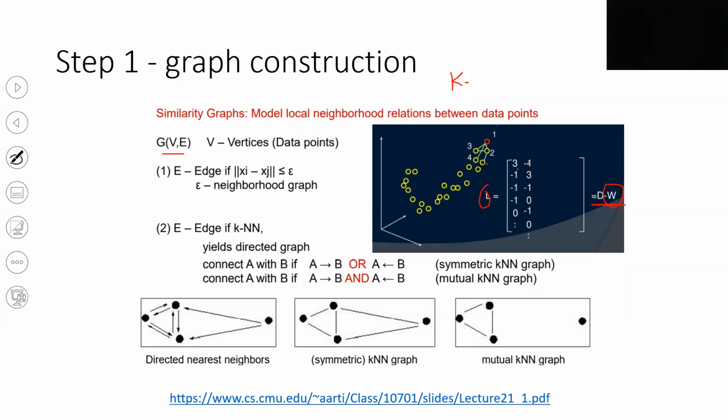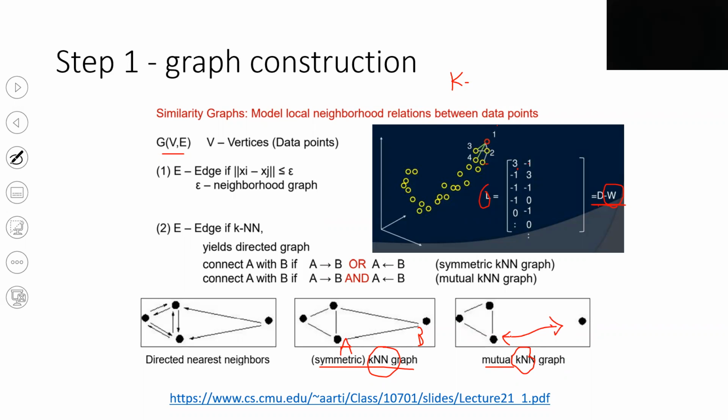Okay, when we have KNN, normally we consider symmetric KNN. So if A connects with B, or B is connected with A, you put a link between them. Whereas if you use mutual KNN, then A and B have to be nearest neighbors of each other, then you can make a link.